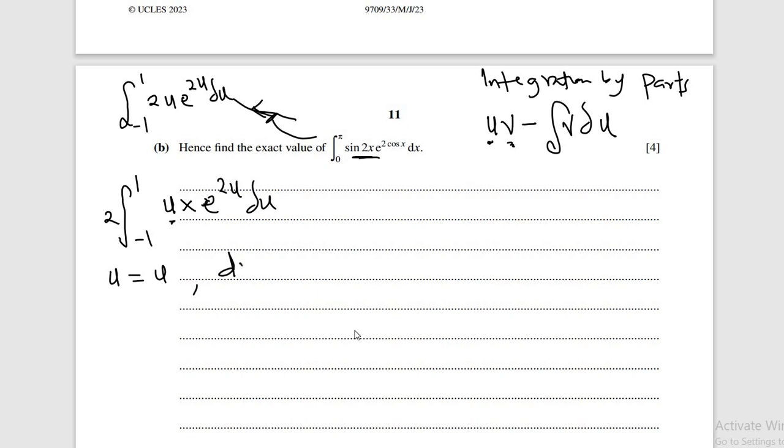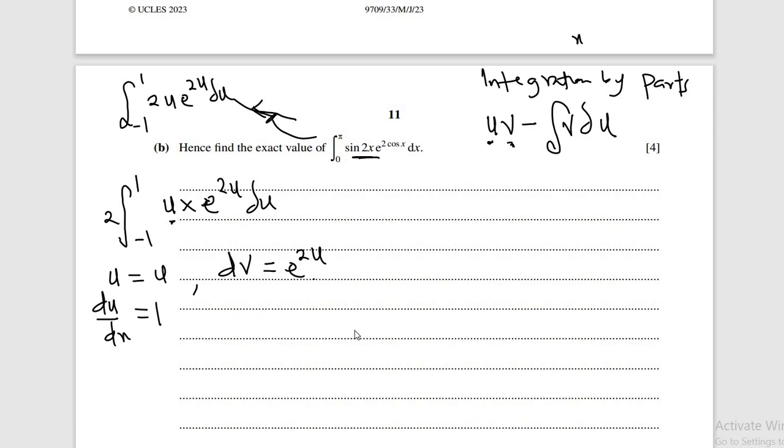The other function will now be the dv, which is e raised to 2u. Let's assume you use the function of x. So the du/dx is 1. It's as if this u is x. The du/dx is 1. That's just how it looks.